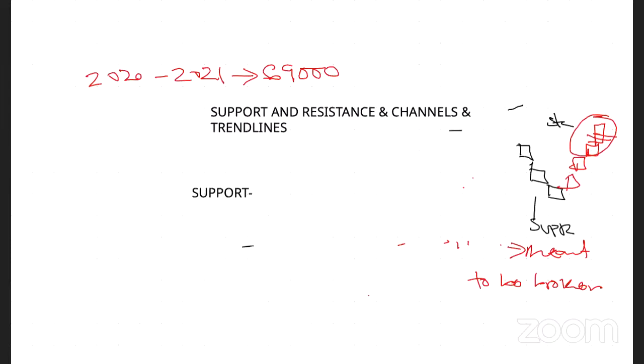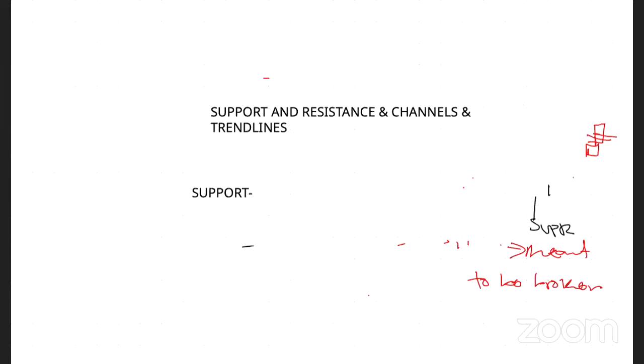One person will draw so many supports and resistances, another will draw few. So you should not get confused about why my analysis is not the same as Julius's analysis, because everybody has a different perception depending on where they are looking from.